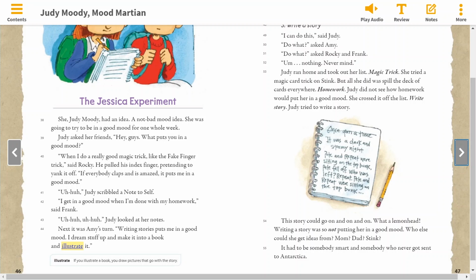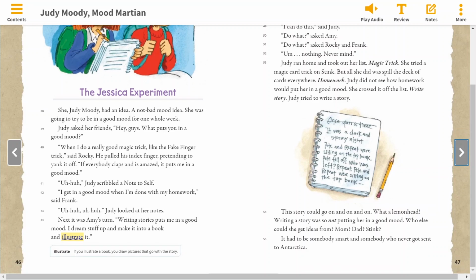What a lemonhead. Writing a story was not putting her in a good mood. Who else could she get ideas from? Mom? Dad? Stink? It had to be somebody smart and somebody who never got sent to Antarctica.